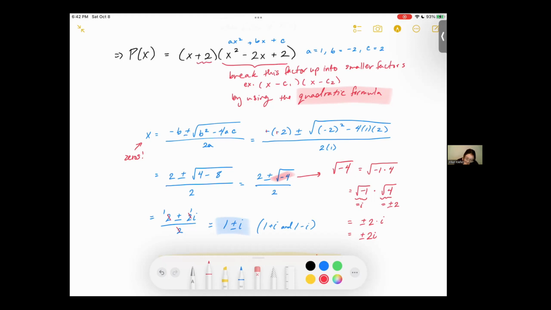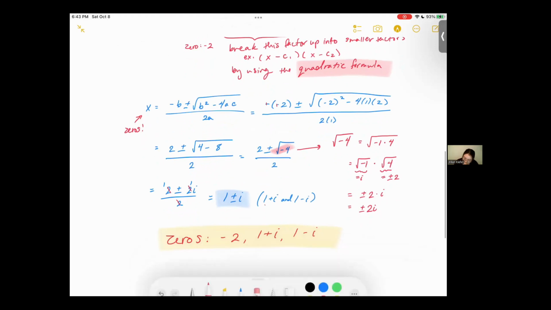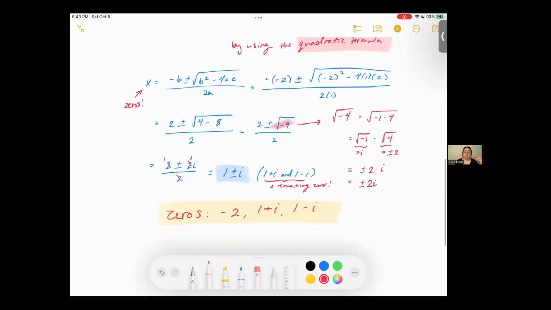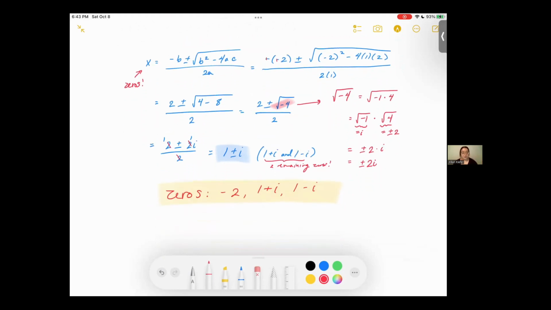Because this right here was a zero, zero was -2. These are more zeros. So those were the 2 remaining zeros, which means that all 3 are -2, 1 plus I, and 1 minus I.